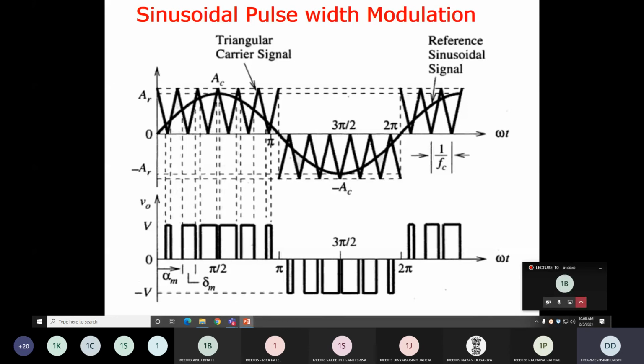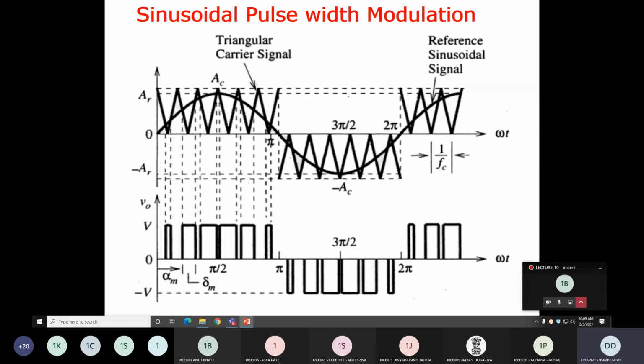In short, if you generate an output voltage which is nearer to the sine wave, it means that your output contains less harmonics. Clear? If you get a pure sine wave at the output side of the inverter, like this waveform, it means your output contains zero harmonics.